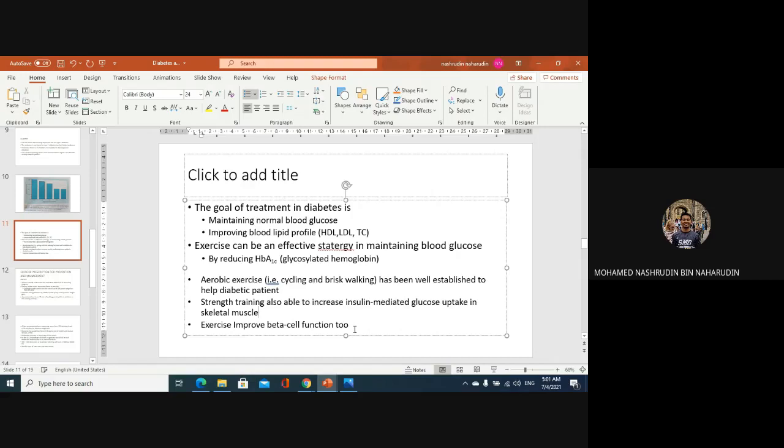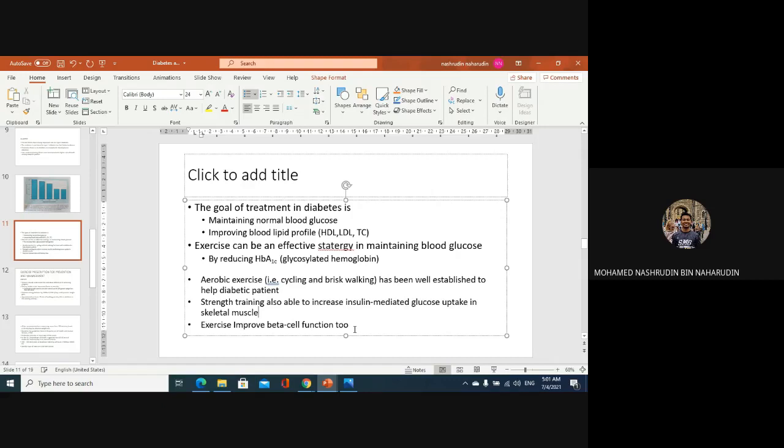And as I mentioned, exercise itself is actually a good medicine that will give you multiple effects at one time.